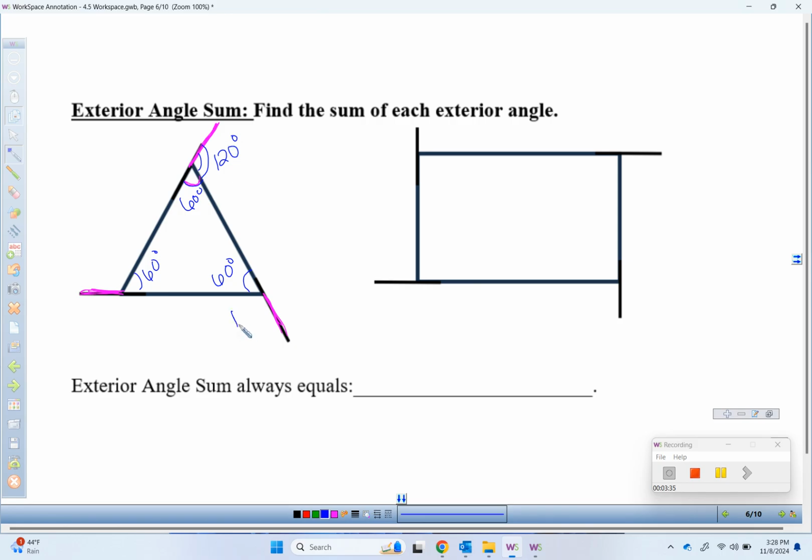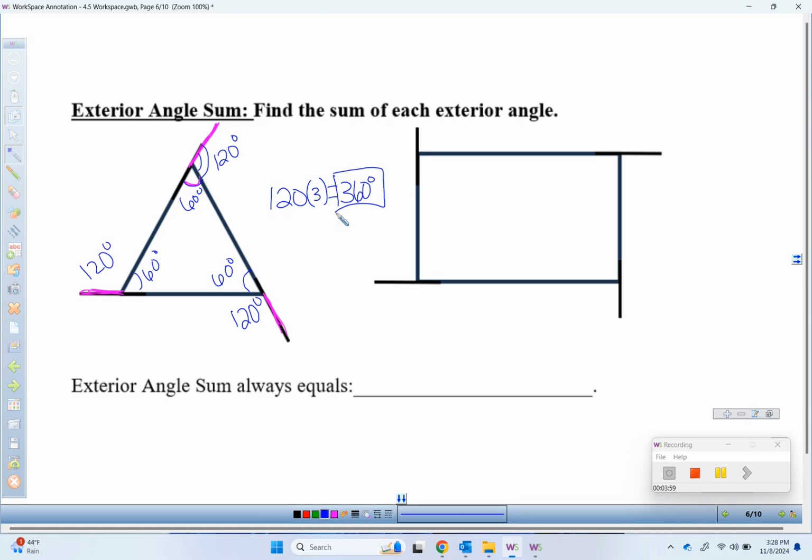And this is going to be the same all the way around. And if you add up 120 plus 120 plus 120, or take the 120 times the number of angles, you get 360. So a triangle's exterior angle sum is 360 degrees.